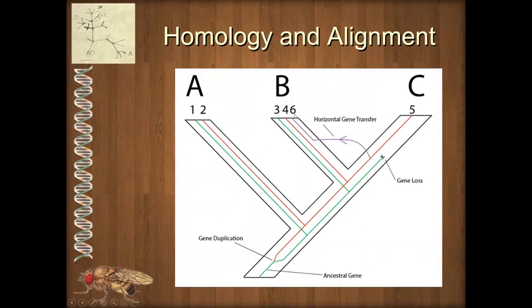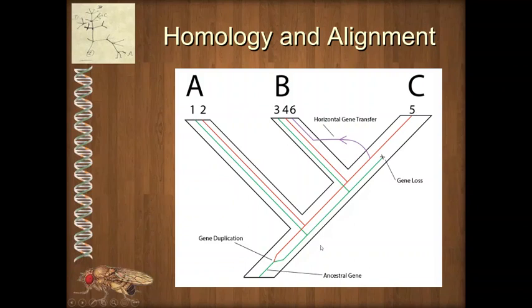And so here we have a new gene, right? This gene was lost, but gene number 5 somewhere along the line was transferred into an ancestor of species B. And so now species B has 3 copies of that gene. Species C only has 1 copy because of the gene loss, and species A has 2 copies. And so untangling, figuring out the connections between all these genes can be quite complex.